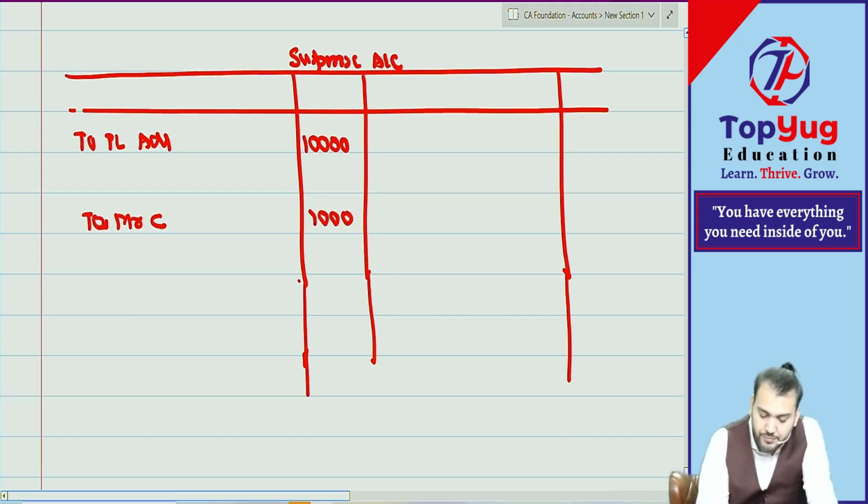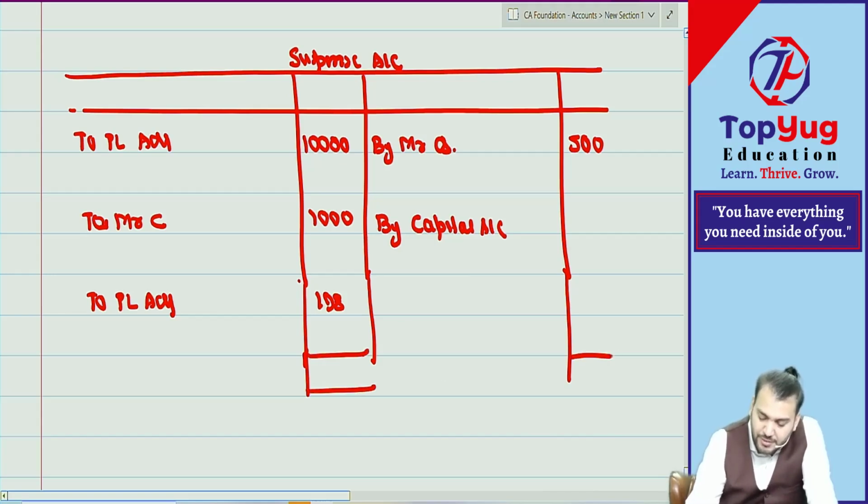To PL adjustment, 190. Then by Mr. Q, how much? 500. Then this difference, whatever is coming, should be automatically adjusted with the capital account only. So how much difference is coming? 10,698. Understood?